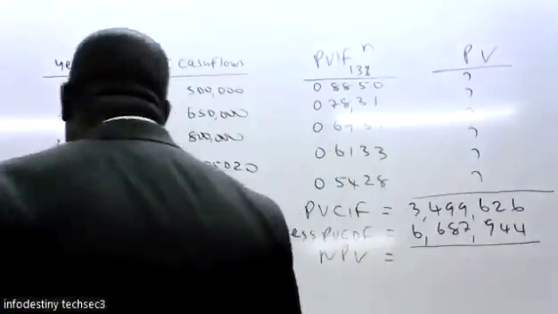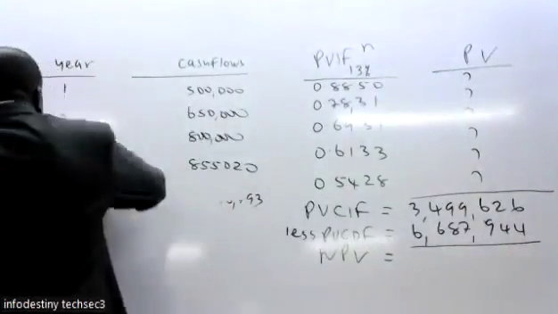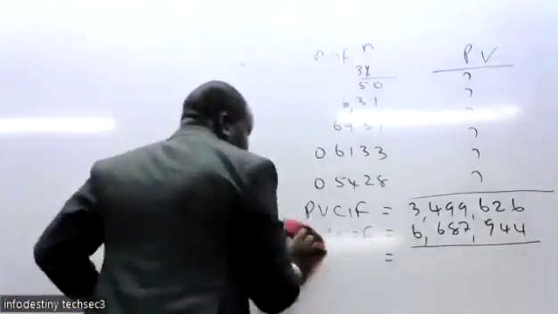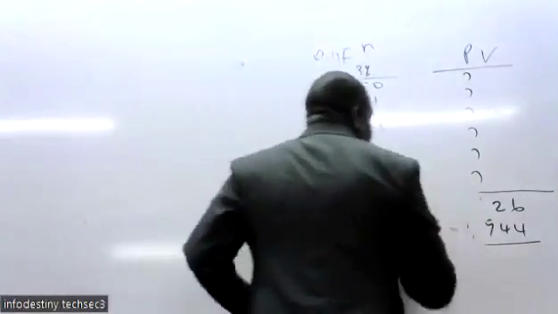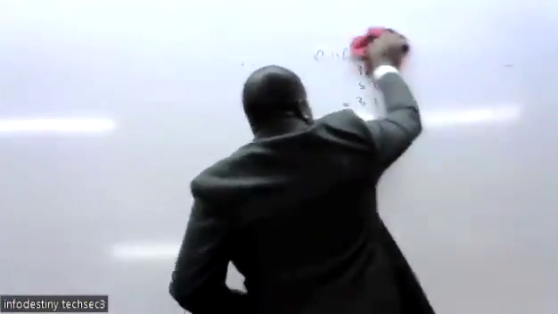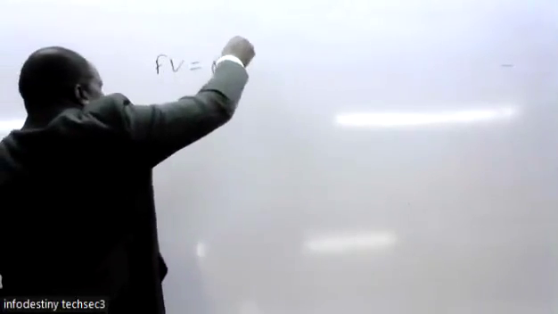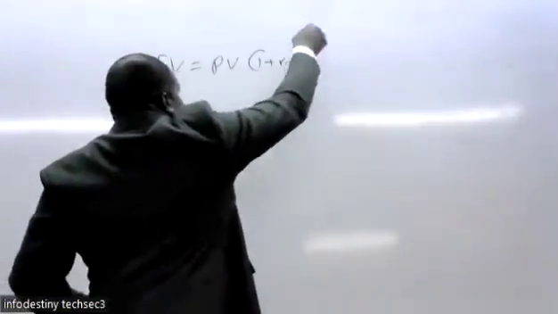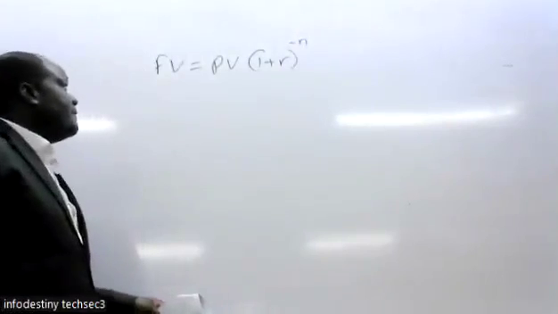So to calculate our depreciation rate, remember, future value is supposed to be the present value times 1 plus r raised to the power of negative n.